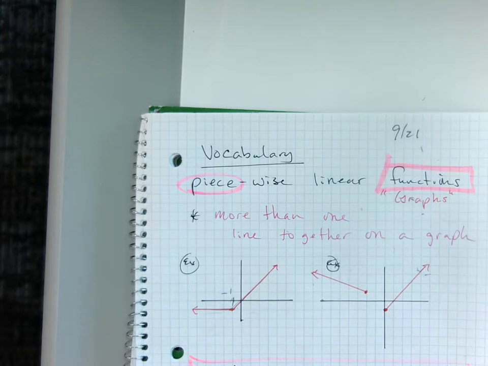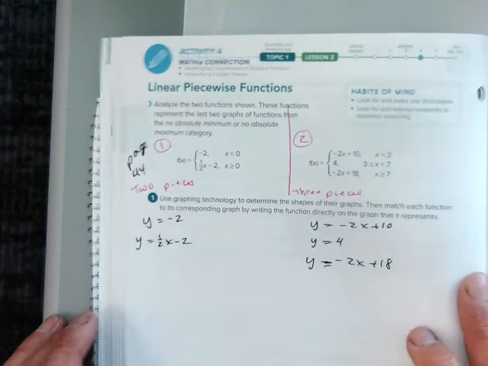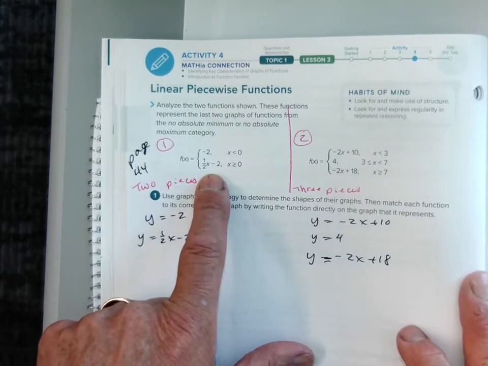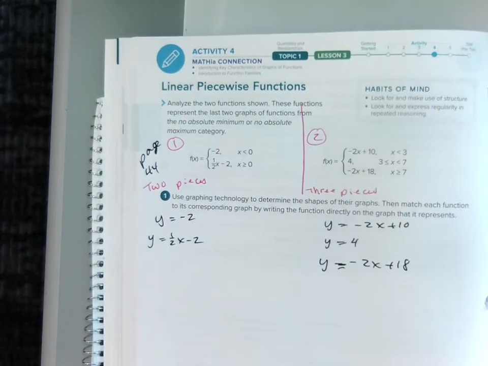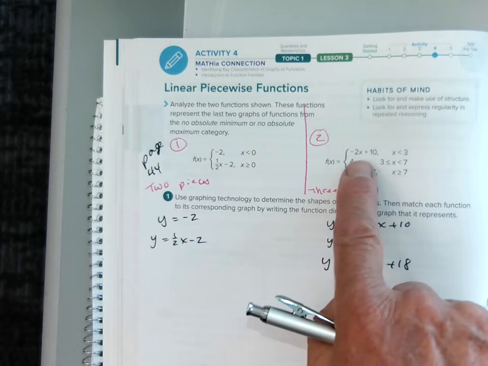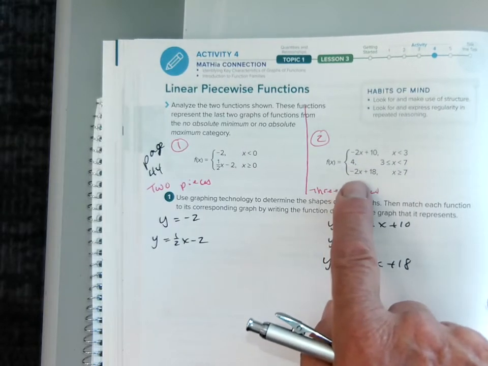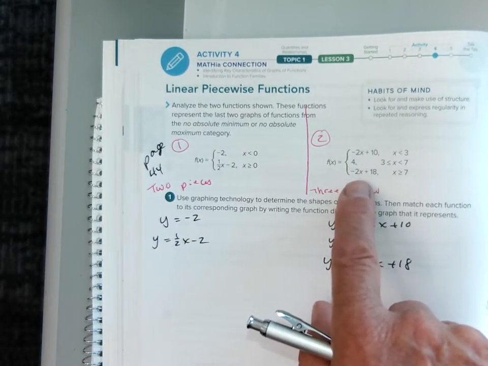Now, in our book, we had 2 different examples. The first one was f of x equals -2, f of x equals 1/2 x minus 2. And the second example we had was f of x equals -2x plus 10, f of x equals 4, and f of x equals -2x plus 18.